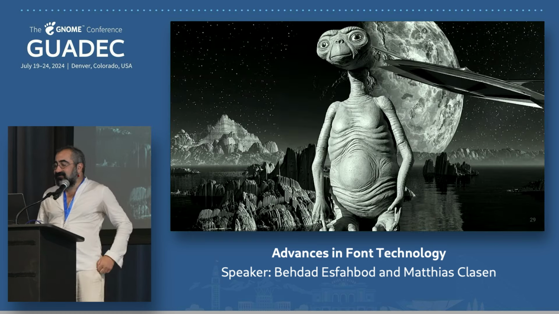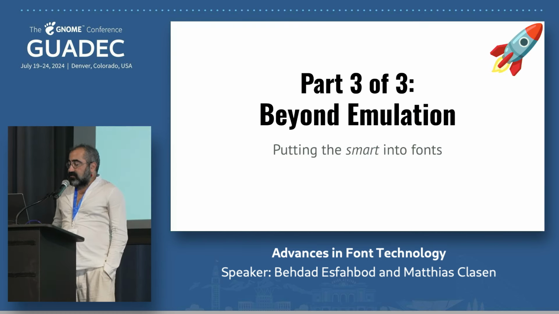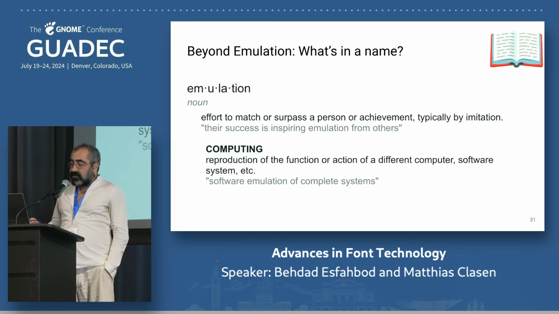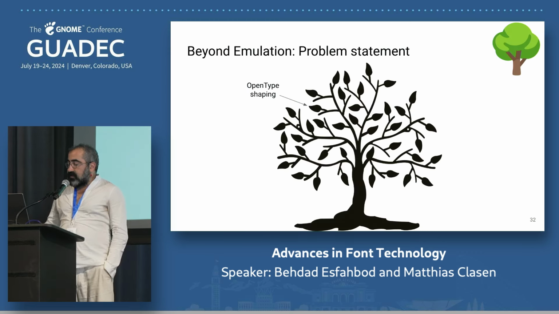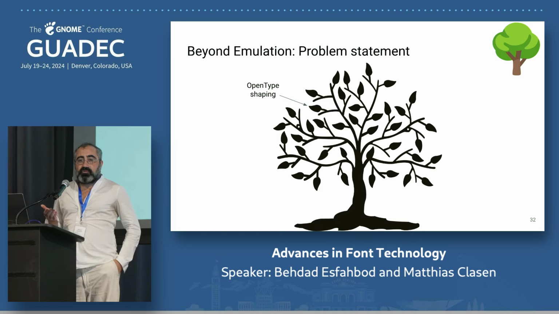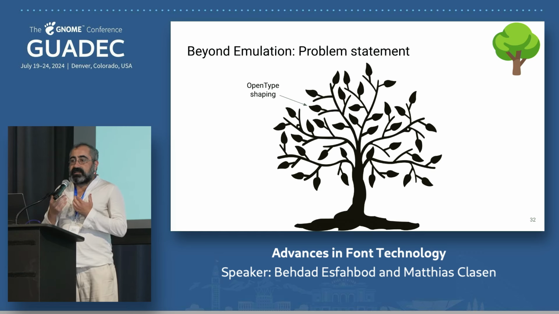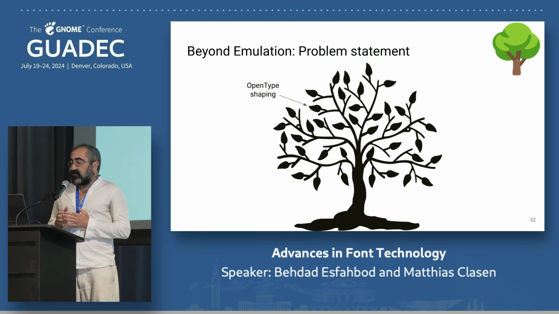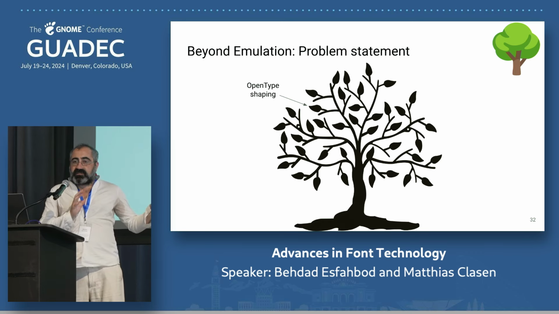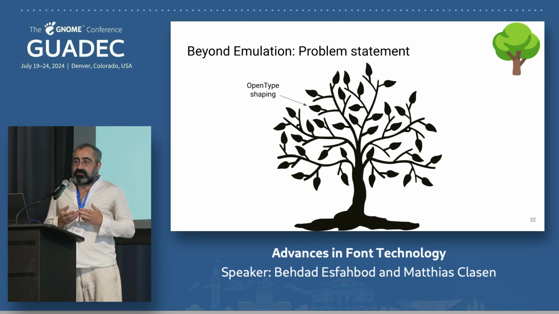And then the last part of my presentation is the beyond emulation part, which involves allowing more varied ways to do shaping or drawing from the font. Now, the thing is, if this is all the different shaping models, OpenType encodes just one of the ways you can do it.